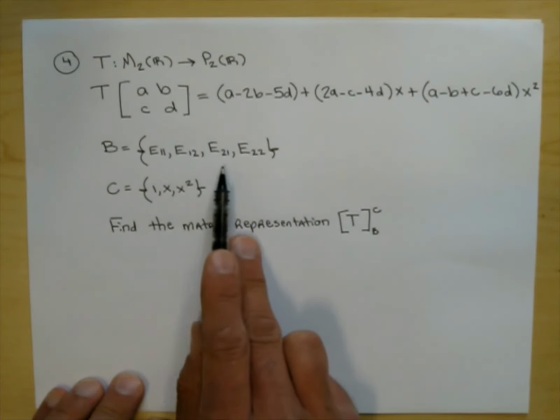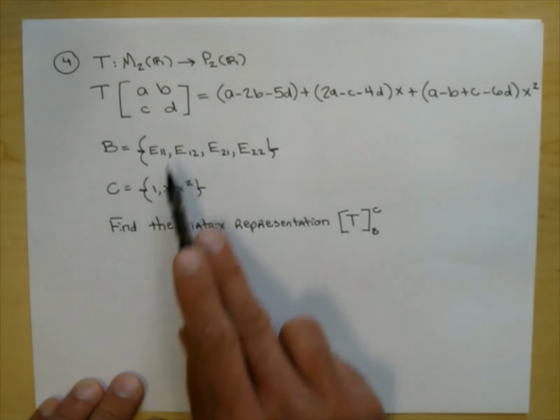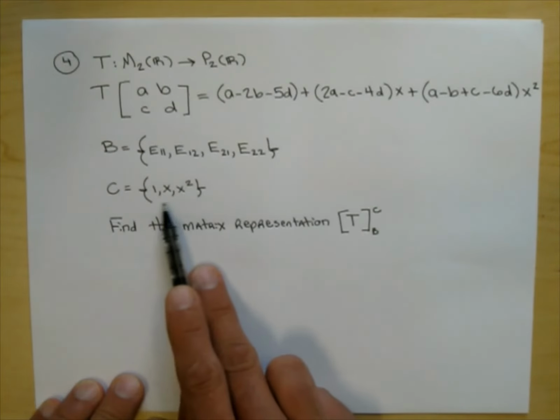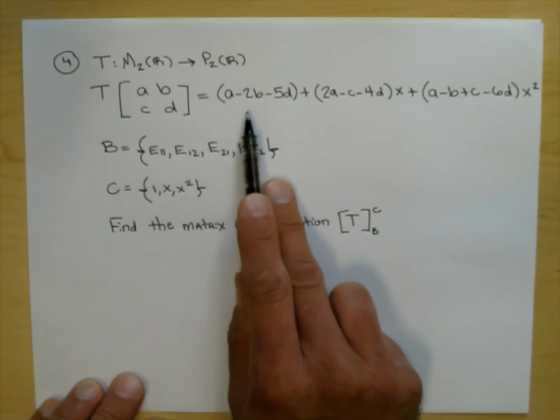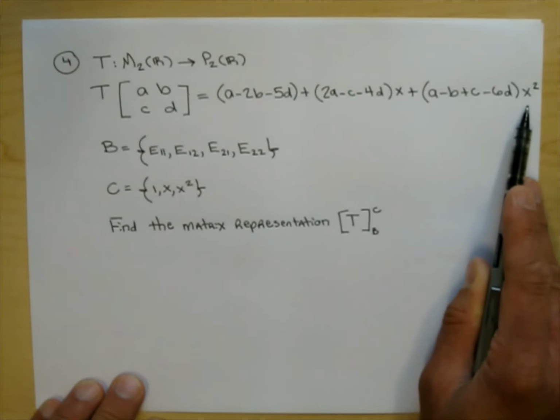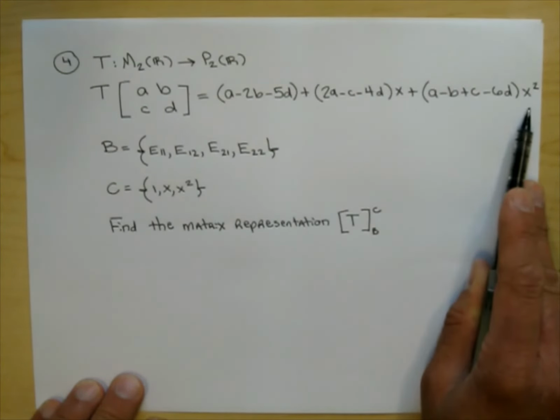You have an ordered basis for P2, which is 1, x, x squared. It's good they wrote it like this, because this is times 1, this is times x, this is times x squared, so it's written in the same order as our linear transformation.